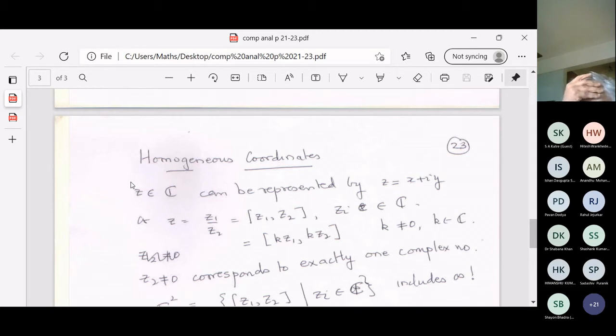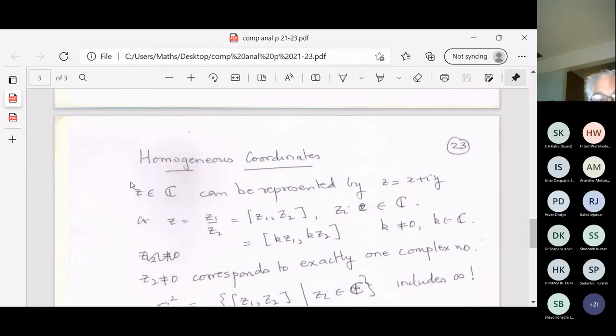Okay, it can also be represented by that complex number z is equal to z1 divided by z2, is this bracket z1 and z2, where I have an equivalence relation which says that z1 z2 is the equivalence class of all kz1 kz2, where k is not equal to 0 and k is in C. Okay, so when I look at this equivalence class, that equivalence class is actually to be thought of as the point z1 divided by z2 if z2 is not equal to 0.